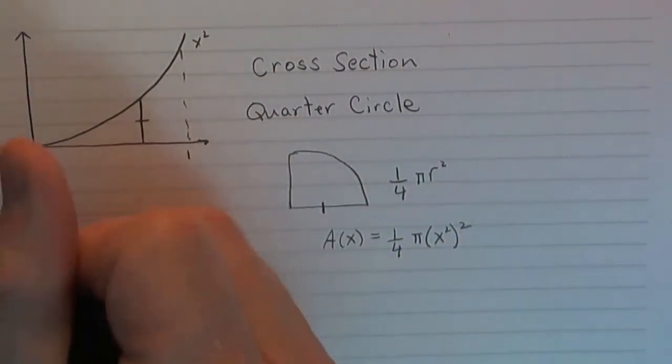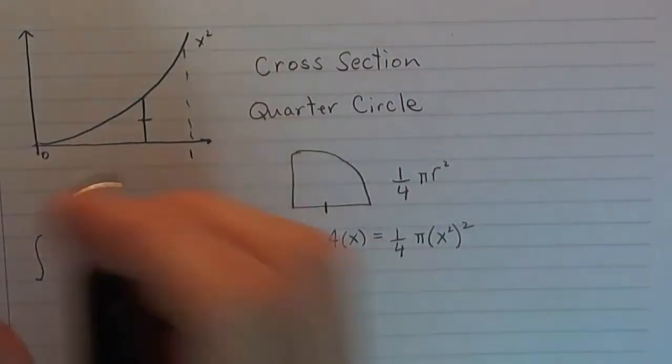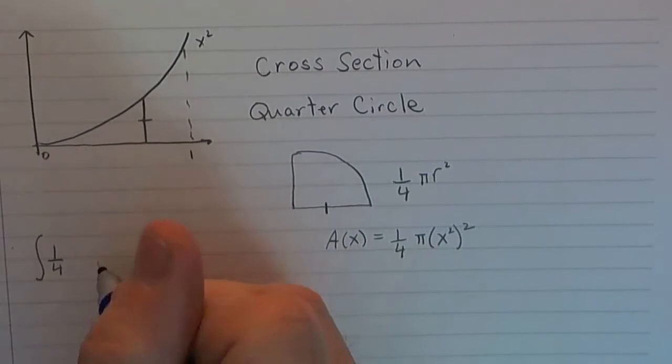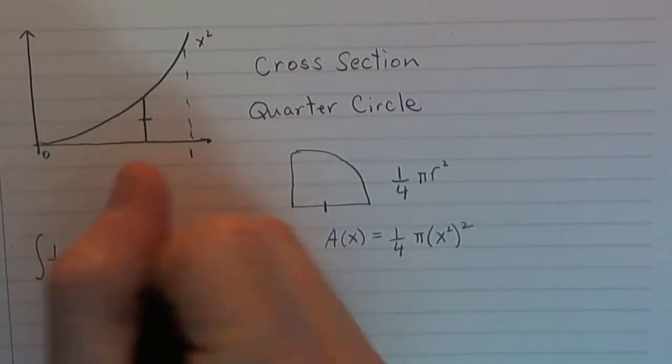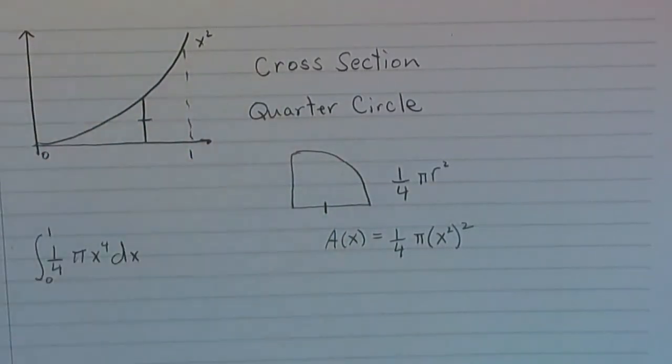So if we then set up the integral, it's going to be the integral of 1/4 pi x to the 4th dx from 0 to 1.